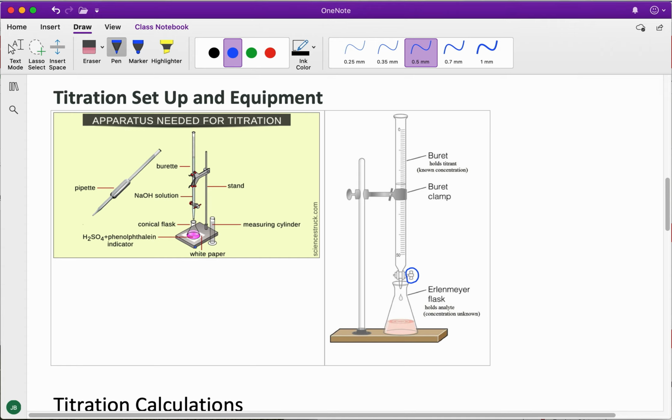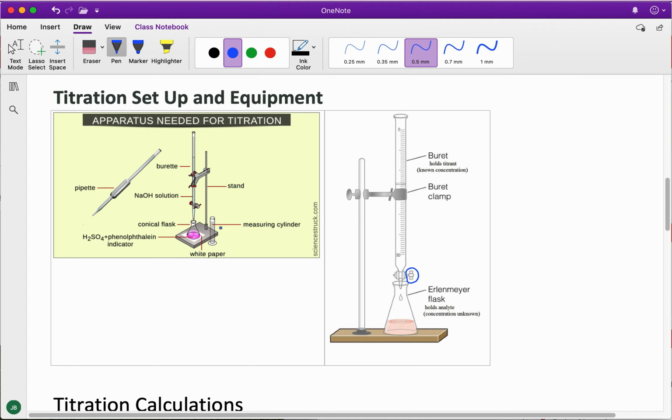So you'll see in this picture on the left that the color they're showing is probably phenolphthalein, where it has changed colors. Oh, well, it tells you right there it's phenolphthalein. What they're showing you here is that they put NaOH, a strong base, sodium hydroxide, in their burette, and they were working with an unknown concentration of sulfuric acid.